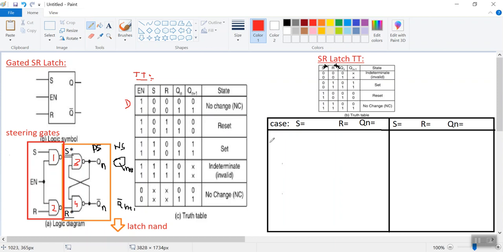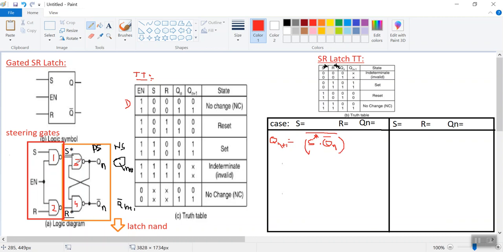Therefore I would like to write my expression for Qn plus 1. So we are getting our Qn plus 1 at this particular point. Before this point you have two inputs. My first input is S star, and another input is Qn complement, whole bar.